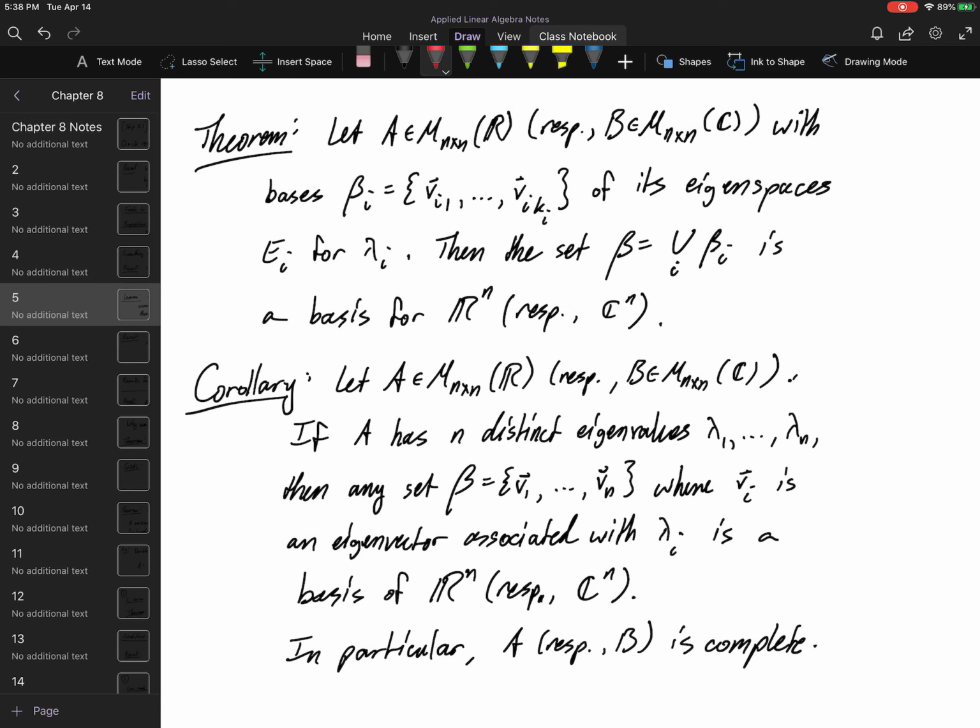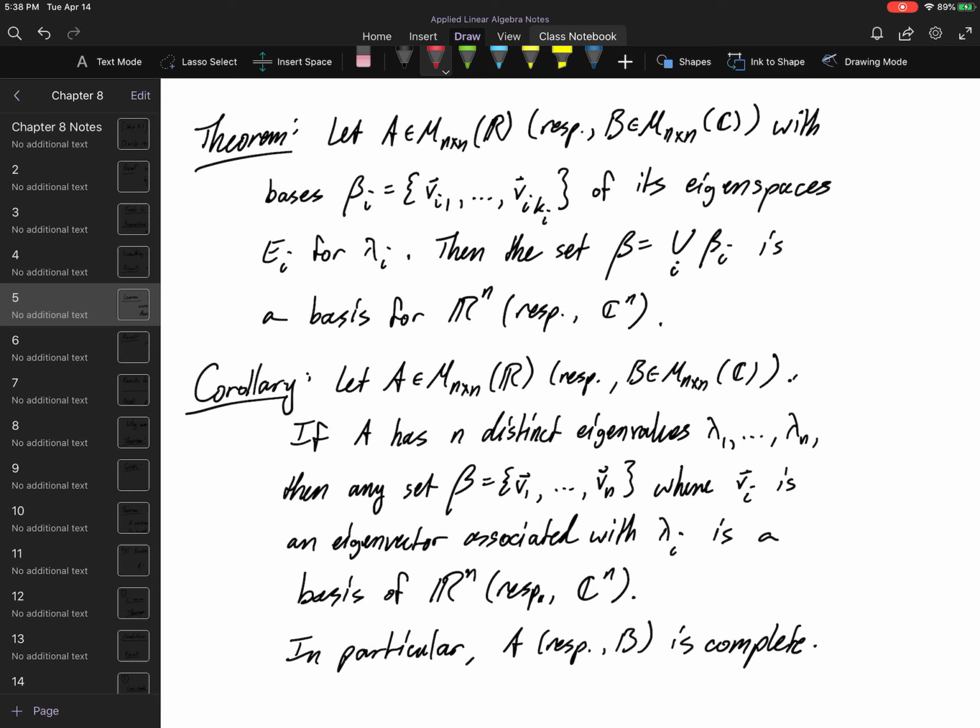Let's say that I had a real square matrix with bases. Yeah, so if I have a basis for each of the eigenspaces, right? So this notation might be a little cumbersome, but think about it this way: for each eigenvalue of a linear subspace, there is an eigenspace, which is the kernel of A minus lambda I, for each of the eigenvectors.